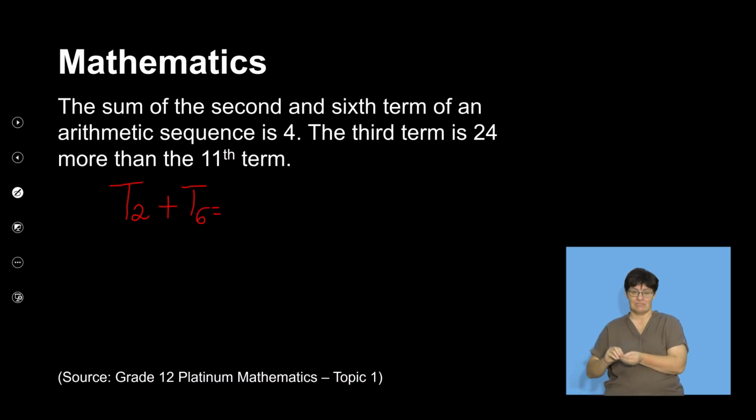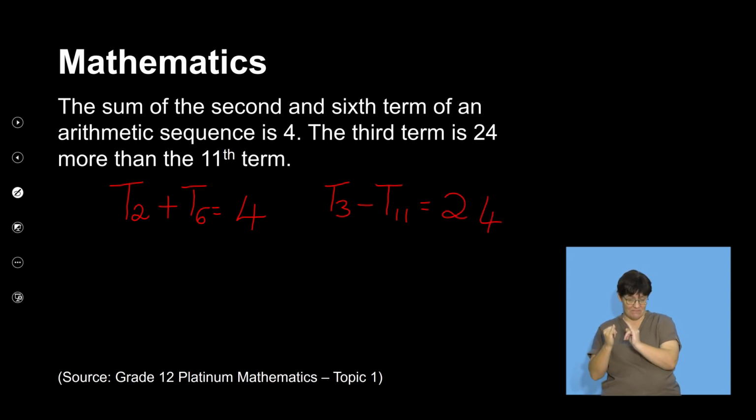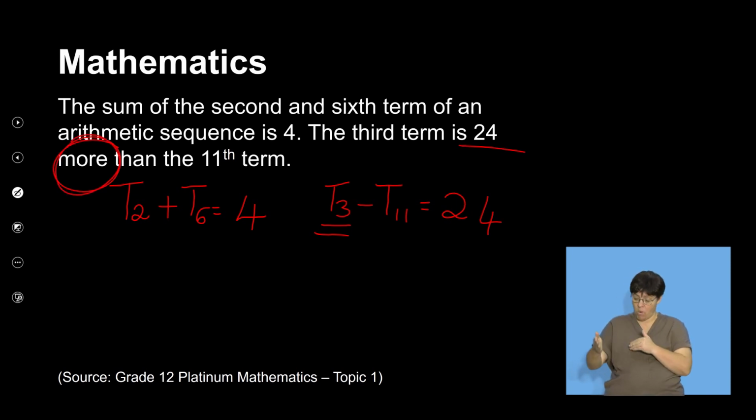So the sum of T2 and T6 is 4. When I say that the third term is 24 more than the 11th term, that means that T3 minus T11 would have to be equal to 24. Why? Because the third term is 24 more than the 11th term.